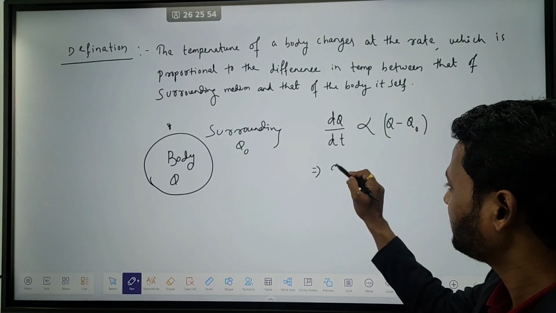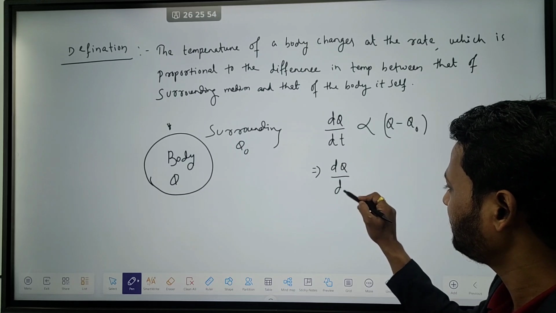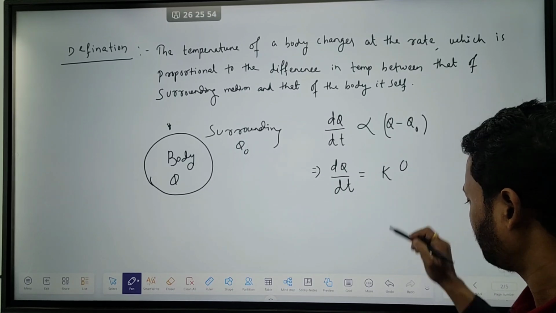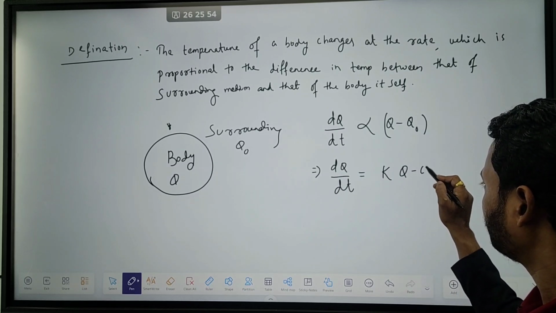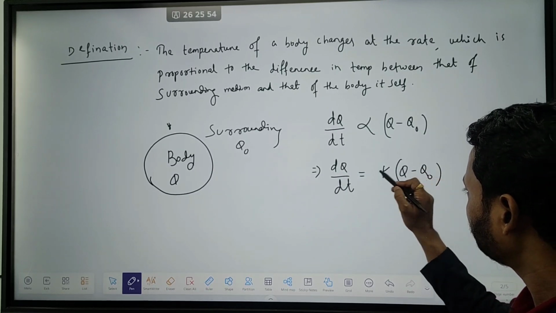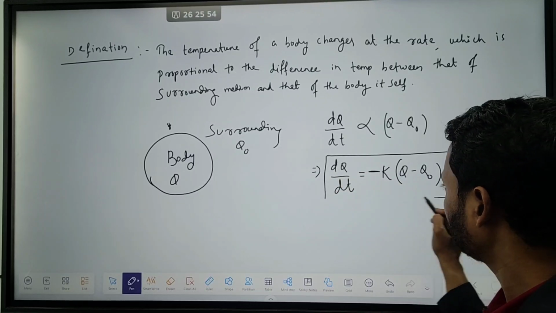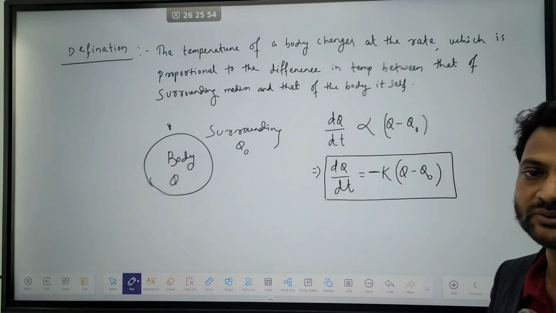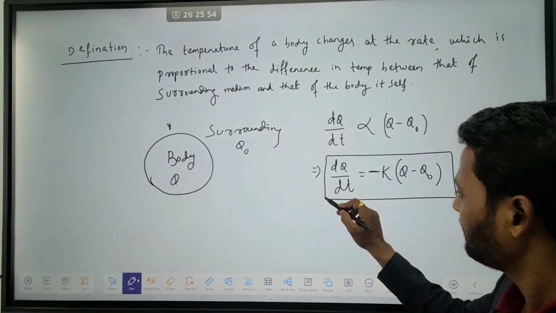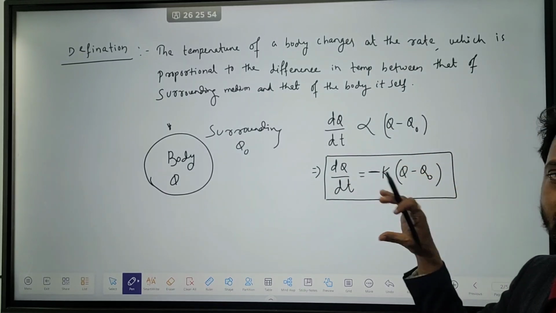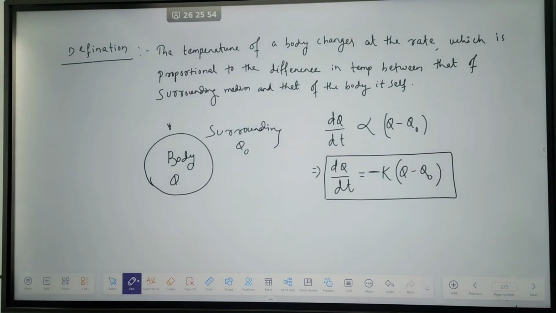So I can write d theta by dt is equal to some constant k into theta minus theta naught. Another point to remember, you have to put a negative symbol here, because of cooling. Understood? So this expression you have to remember. Every time we will implement this expression while solving numericals. Okay? So note it down first.